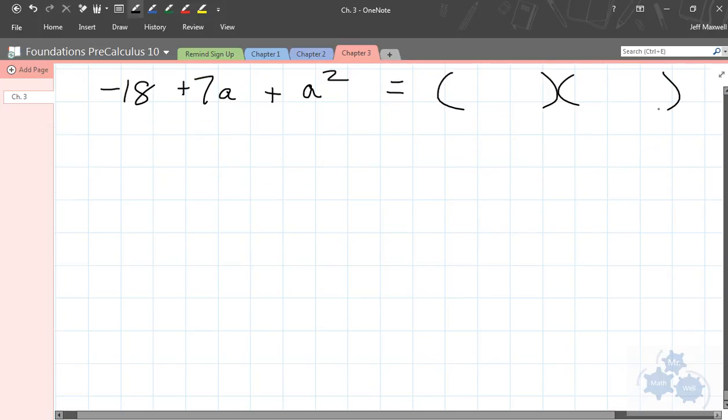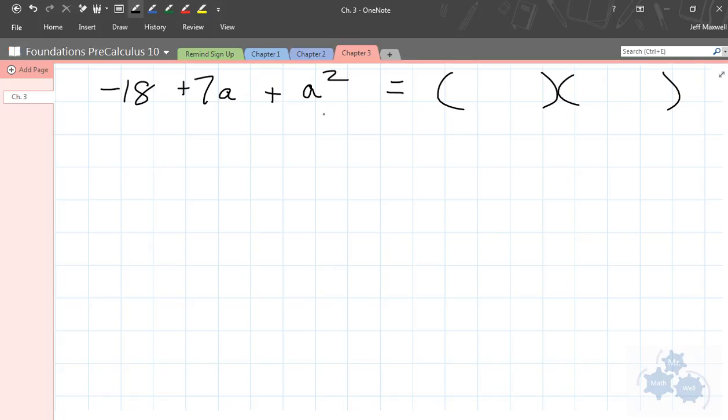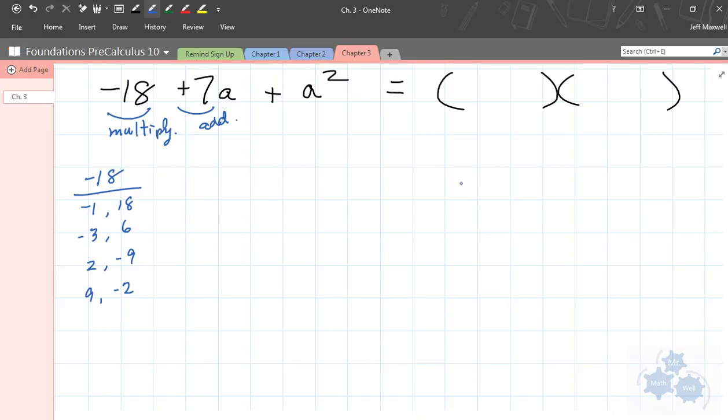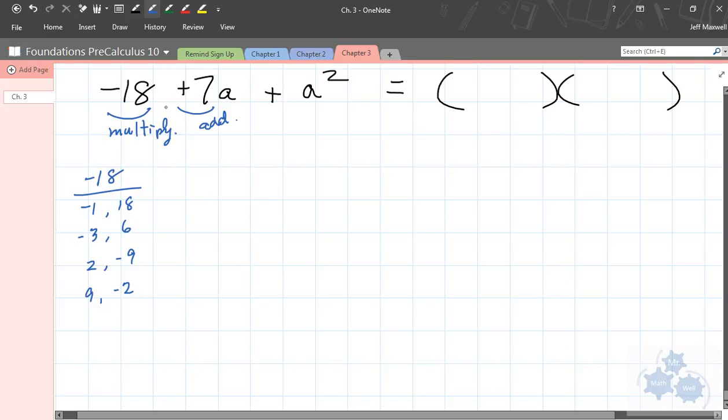Okay, try this example. This is a bit of a different look, but see if you can factor this one. Notice that the terms are a bit out of order from what we've been seeing. Go ahead and give that a try. So, the process is still the same, except that these terms are out of order, right? So remember that the constant term here, you're looking for two numbers that multiply to get this.